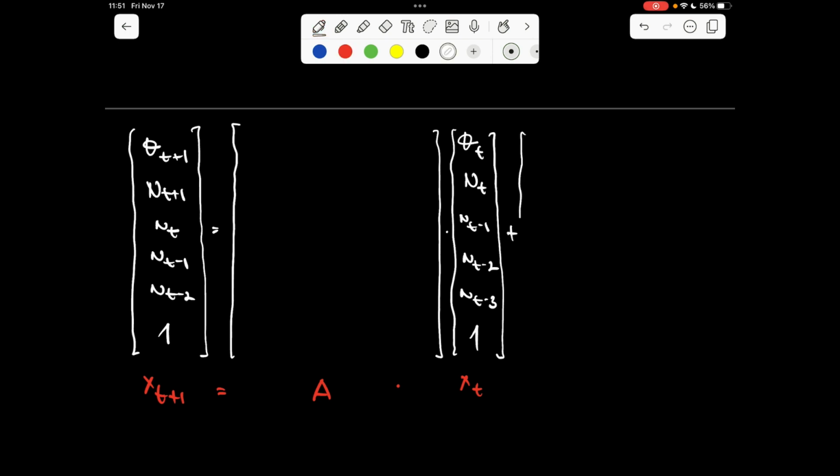Here comes vector B that incorporates the decision of the household in period t.